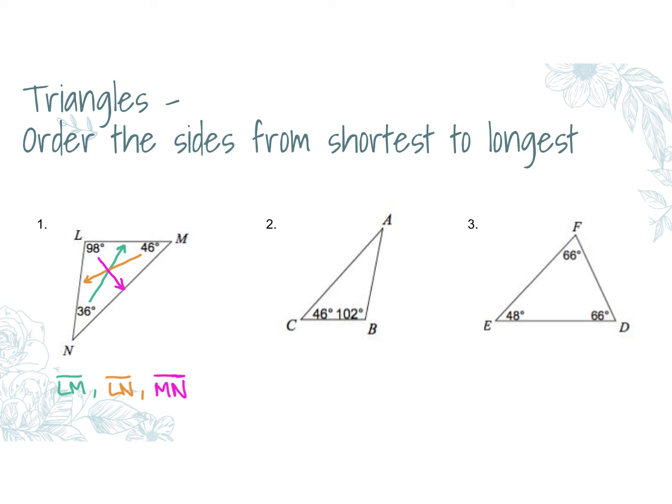In question 2, I noticed that there is a missing angle measurement. So I would need to first solve for the missing angle before being able to determine my shortest side to my longest side. So I would need to add together 46 plus 102 plus our missing angle A to equal 180 degrees. 46 plus 102 is 148.